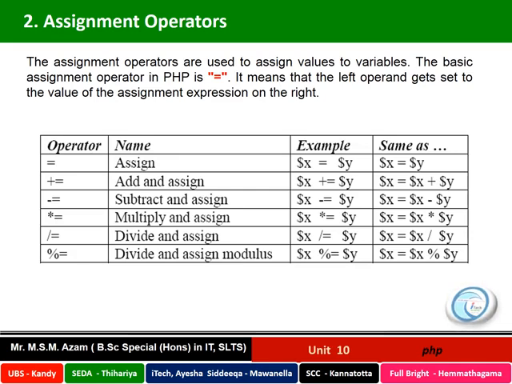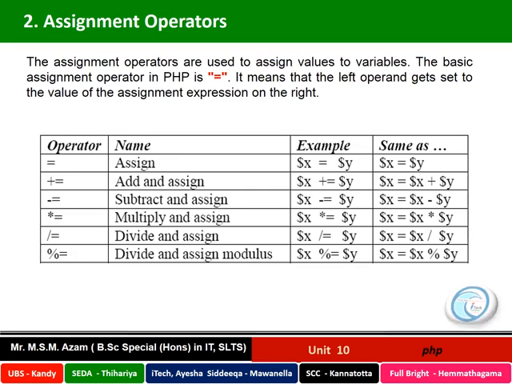There are 6 different assignment operators in PHP. The first one, the general assignment operator, equal sign. That means assign. For example, I say x equal y. That means the value of y is assigned to x.